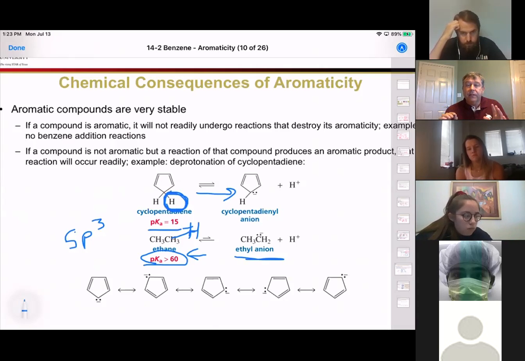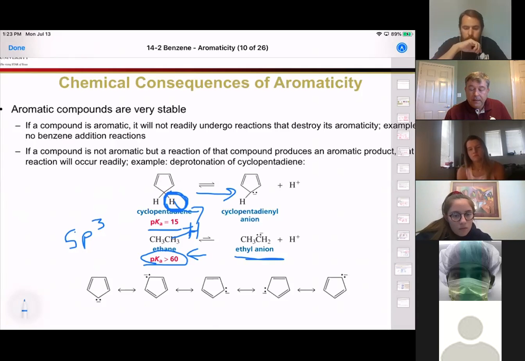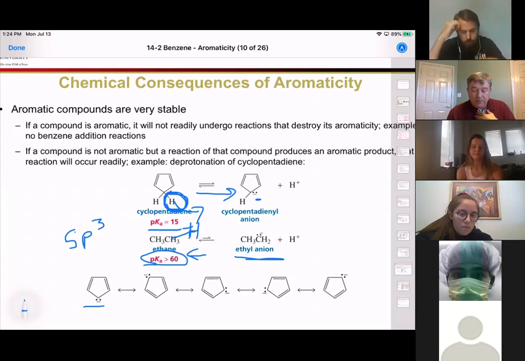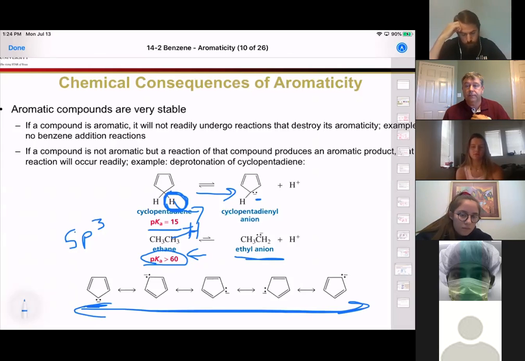It has everything to do with the idea that once it leaves as a proton, it kicks those 2 electrons in to form that resonance structure, that 6-electron aromatic compound, which is more stable. Because it got that more stability, that proton is much more acidic, okay? We're gonna see that happen in a couple different ways as we go forward. And then once we form that anion, of course, we can delocalize it across the entire system.